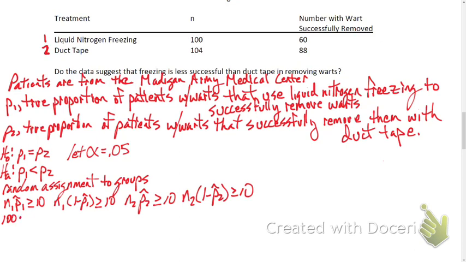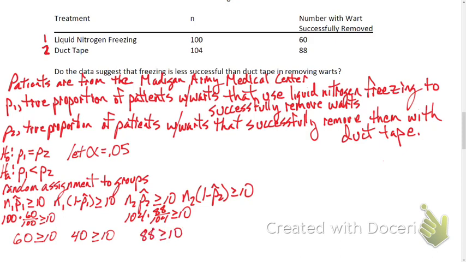That's the numerator of our proportion. So 60 over 100. And if you already see that it's going to reduce to 60, you could have skipped that step. And the other one, the complement, is going to be the number that adds to the sample size, so 40. N2 is 104 times 88 over 104, so 88.